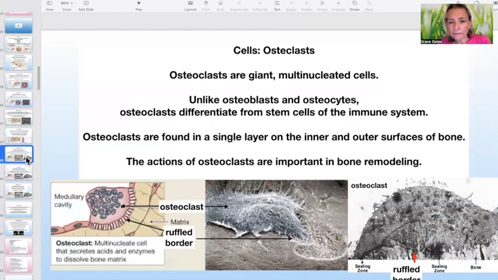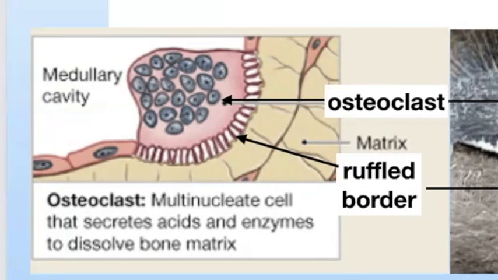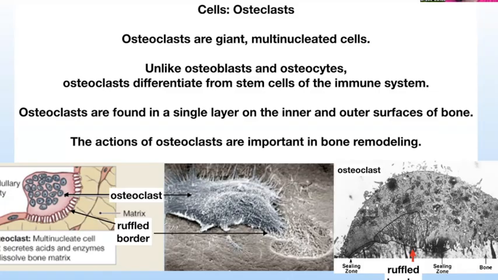Osteoclasts are giant multinucleated cells. Unlike osteoblasts and osteocytes, which differentiate from osteoprogenitor cells, osteoclasts differentiate from stem cells of the immune system. Osteoclasts are found in a single layer on the inner and the outer surfaces of bone, and the actions of osteoclasts are important in bone remodeling.